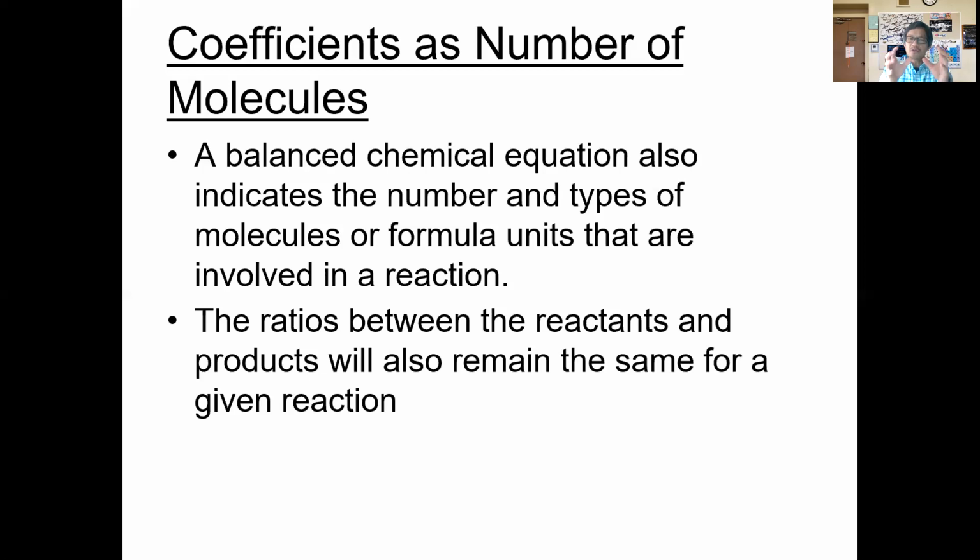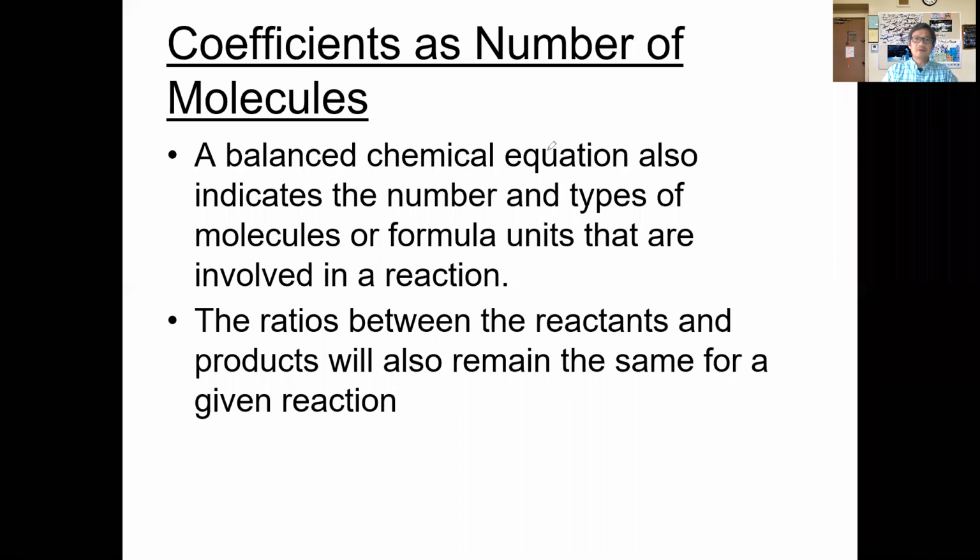But we can also take that balanced equation and determine the total number of particles that are involved, not at the atomic level, but here we're talking about molecules. We use this term molecule somewhat generically. Make sure you understand that when we talk about the number and type of molecules, we're using this term somewhat generically.